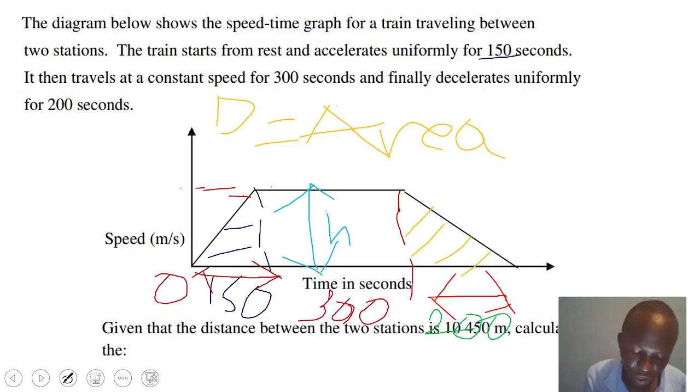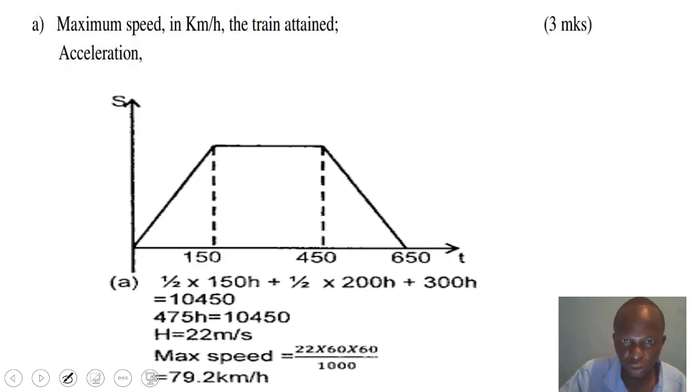The base of the first triangle is 150. The length of the rectangle is 300, and the base of the second triangle is 200. So let us go to the solution.